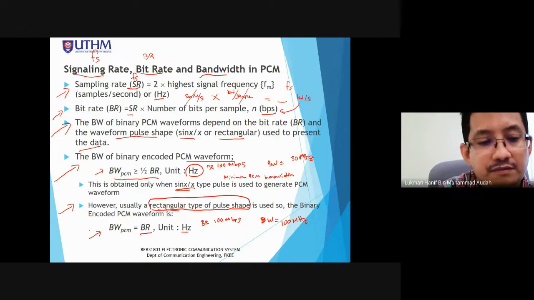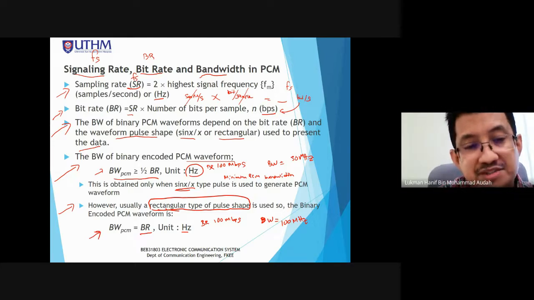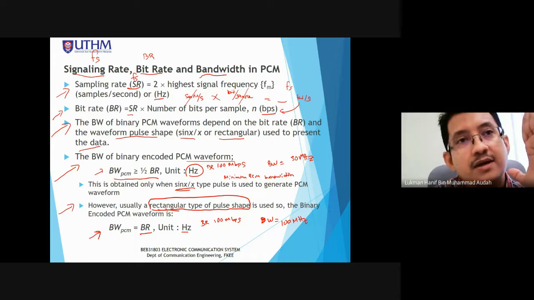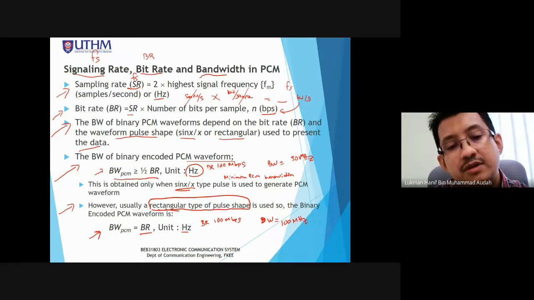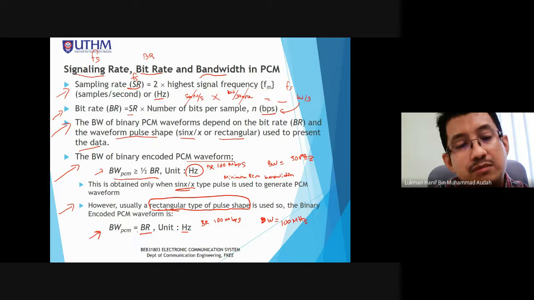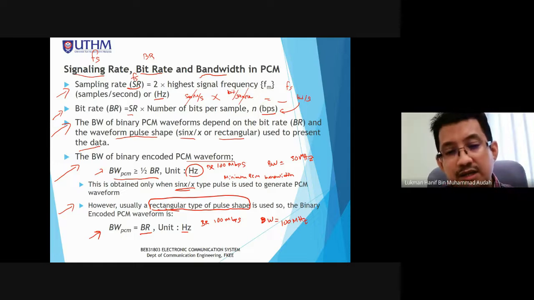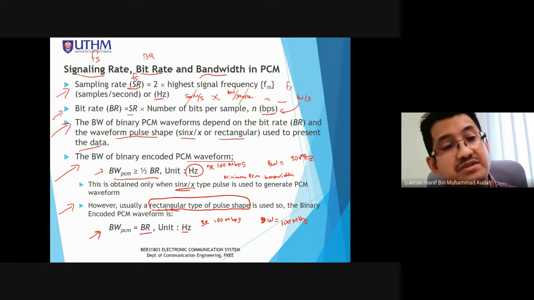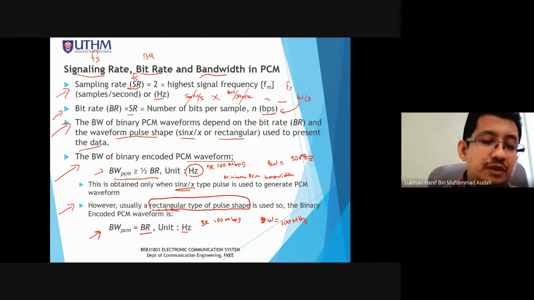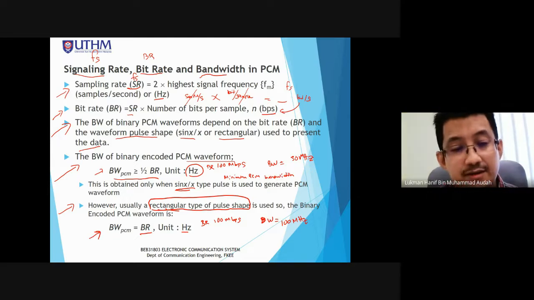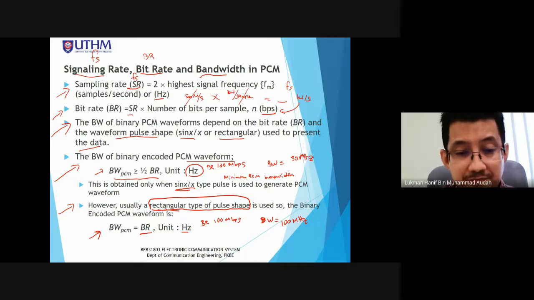Okay. And for your information, pada kebiasaannya, in general, apabila disebut sebagai bandwidth PCM, dia sebenarnya merujuk kepada bandwidth bersamaan dengan bitrate. Okay. Secara general, apabila kita sebut how much is the bandwidth of the PCM? So the way we calculate is bandwidth equal to bitrate. Ini normal, ini general.